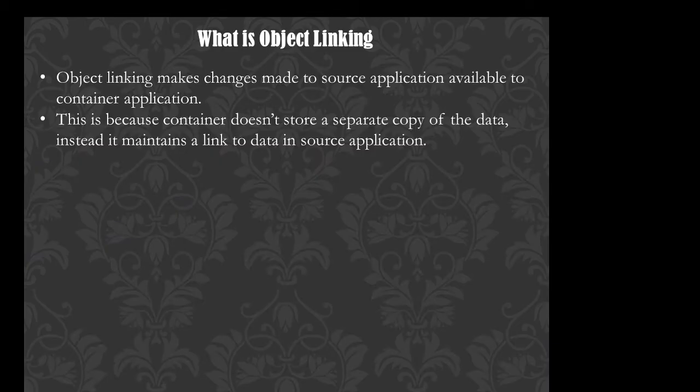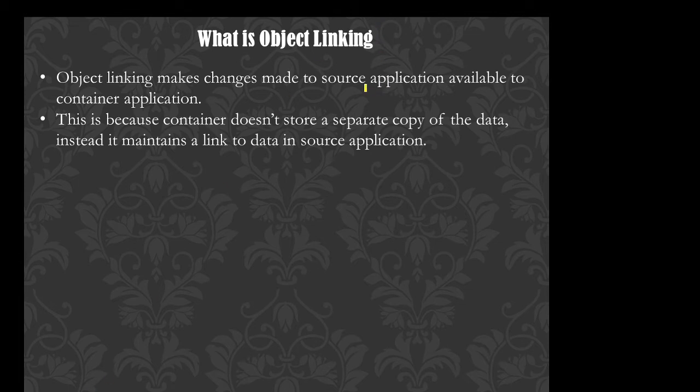OLE is called object linking and embedding, isn't it? So first we will know what is object linking and then what is object embedding. First, what is object linking? Linking an object means that changes made in the source application are also available to the container application.